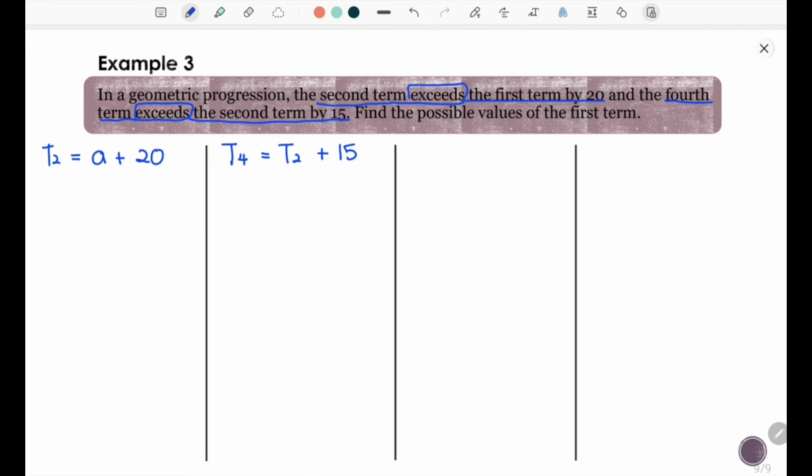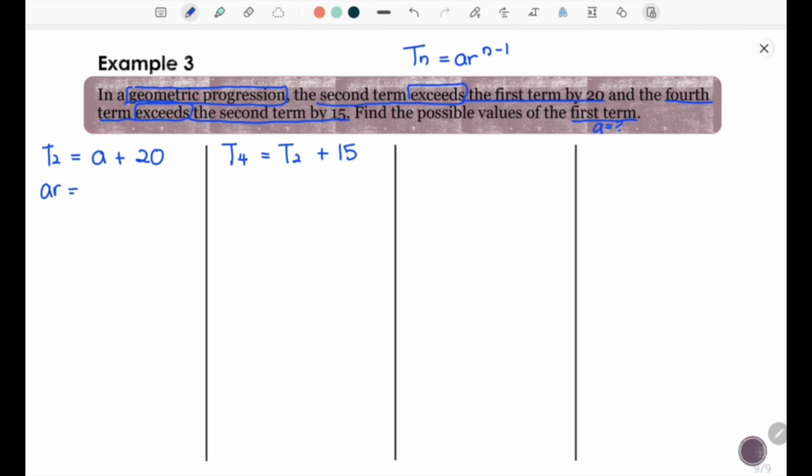So now you can try to find the first term, which is a. Before that, you must know that this question is a geometric progression question. So you need to change T2 and T4 into the form of Tn equal to ar to the power of n minus 1. So for T2 here, we have ar to the power of 2 minus 1, which is 1.